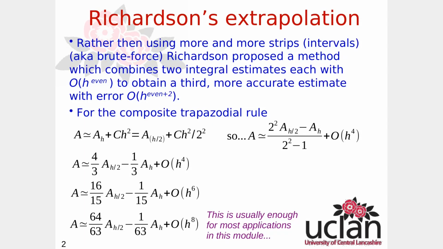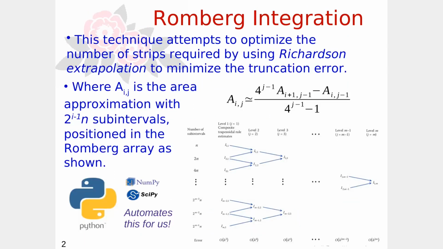Increasing and increasing leads to what we know as Romberg integration. This technique attempts to optimize the number of strips required by using Richardson extrapolation to minimize the truncation error. So here, if you carried on with that formulation, you could set up A as a function of i comma j, where j is the level.